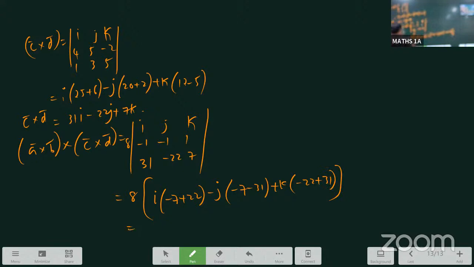So that is nothing but 8 into, this is 15i, this is minus 7 minus 31, minus 38, minus into minus plus 38j, and plus 9k. So this is your answer for A cross B cross C cross D. Is it clear? Next bit, what he was asking in the second bit.